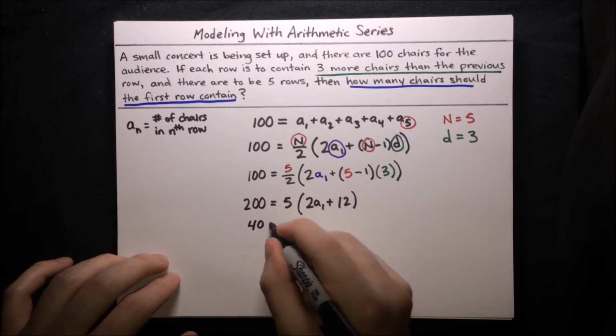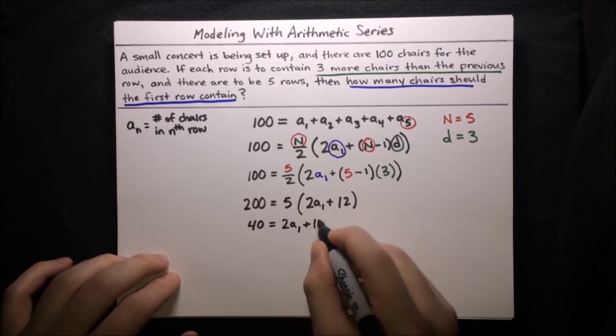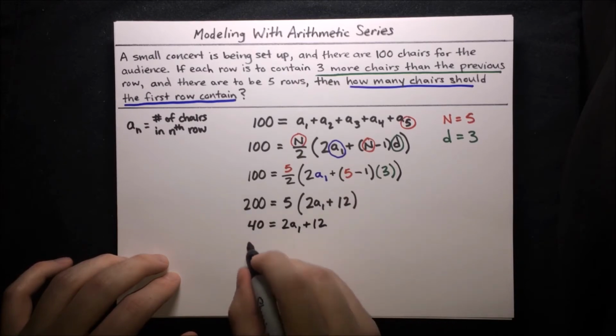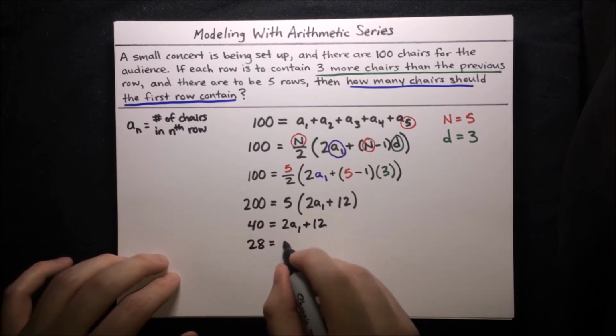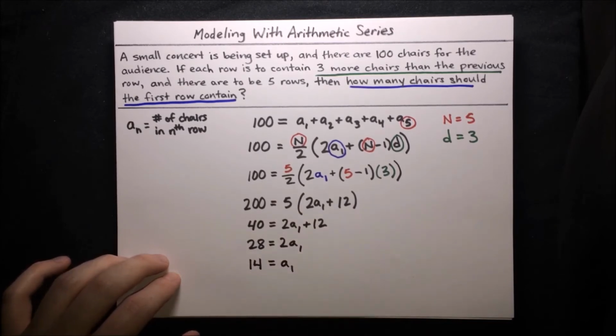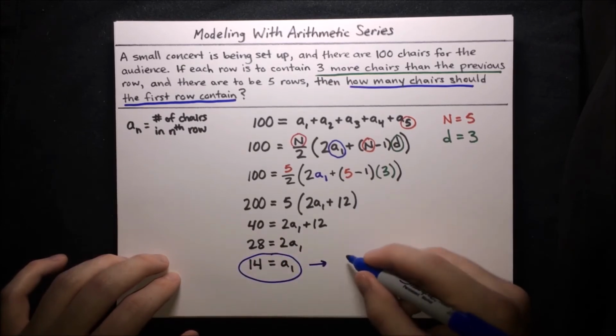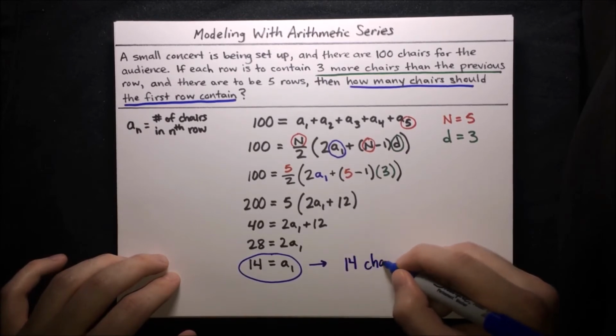So 40 equals 2a_1 plus 12. Now just subtract 12 to get 28. 28 equals 2a_1, and divide by 2 to get 14 equals a_1. So there we have it. 14 is a_1. That means that the first row should contain 14 chairs.